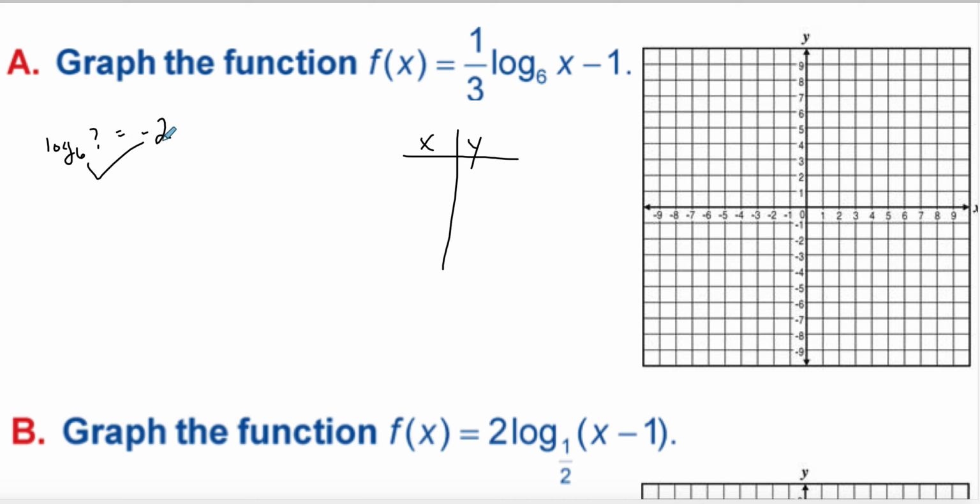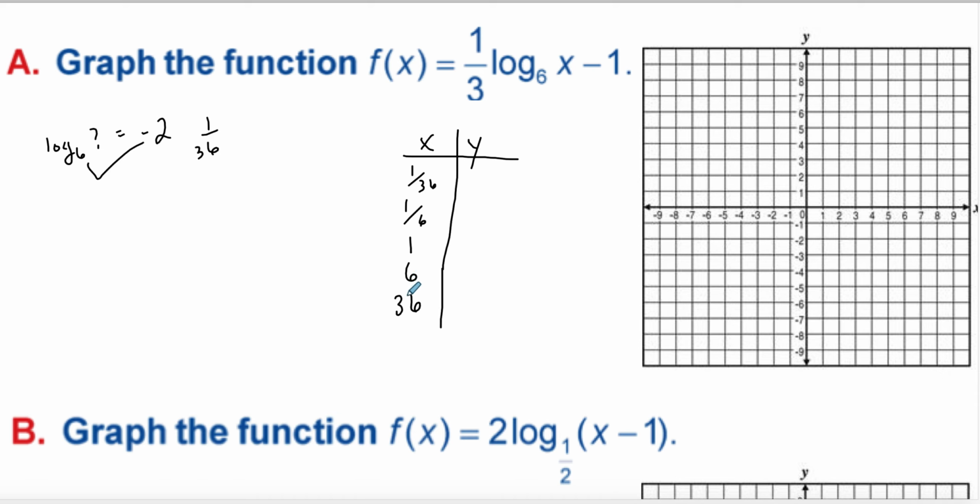Well, what's 6 to the -2 power? Okay, 6 to the -2 power is 1/36. So hopefully you can see your first number is 1/36, and then we're going from there. Got 1/6, and then we want a 1, and then a 6 and a 36. Now I don't expect you to graph that. It's getting kind of out there. But I do expect you to graph at least these 4.